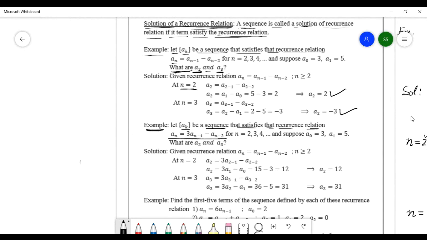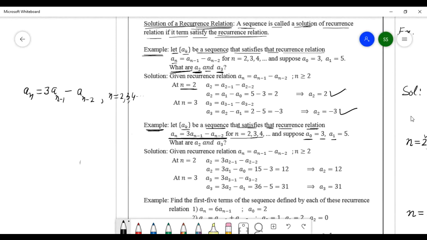Here let me write this example: an equal to 3 times a n minus 1 minus a n minus 2, for n equal to 2, 3, 4, like that. This way.